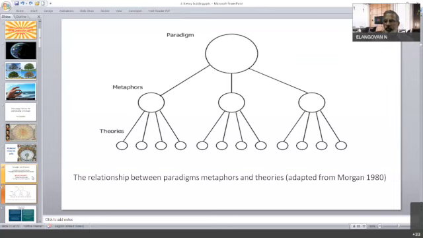Some theories may be very popular, so they are named after somebody. Therefore, we say Maslow's theory or something like that, which are very popular theories. But a lot of theories are not named, or we do not know who contributed to them. So there are small level theories to big level theories.